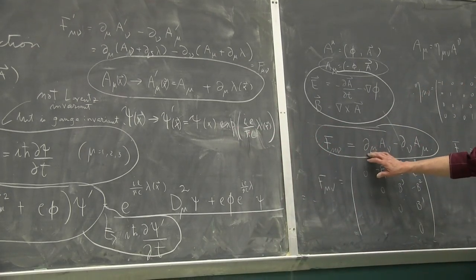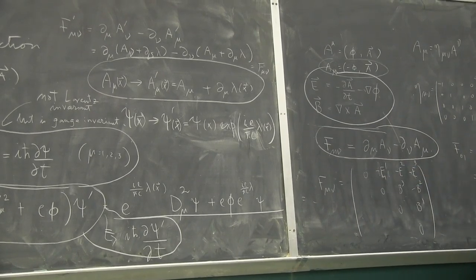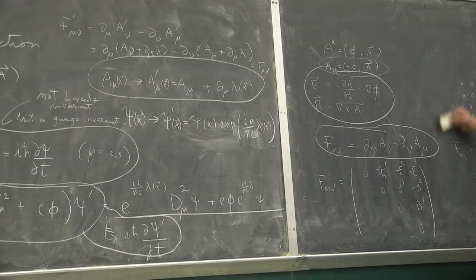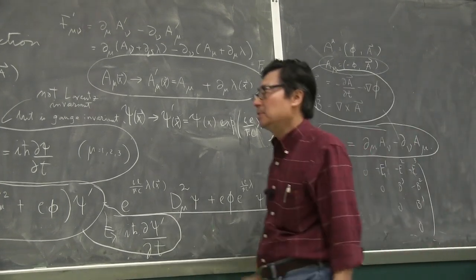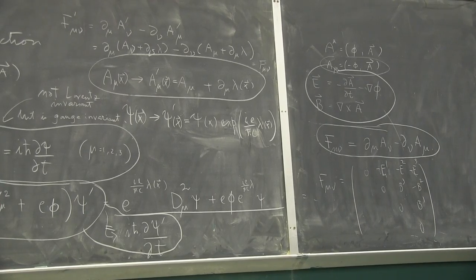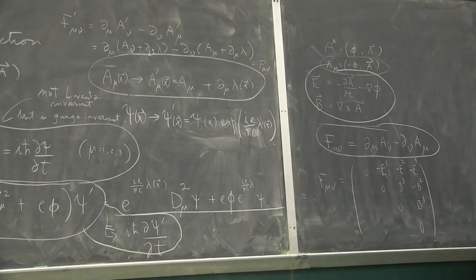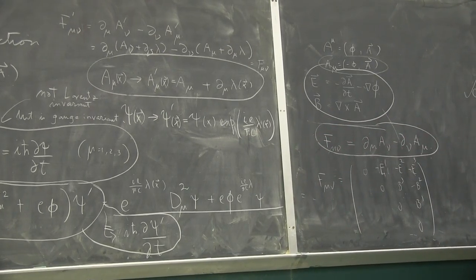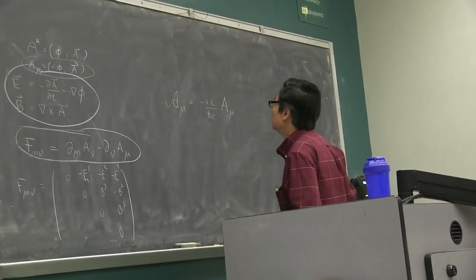Now, how is this related? This is related to the A's in this fashion, but there's a much more general relationship from which this comes. I told you that in this covariant derivative in here, this thing is like a connection, in fact. So you can define, for example, some quantity script A mu, in this case equal to minus i e over h bar c times A mu.